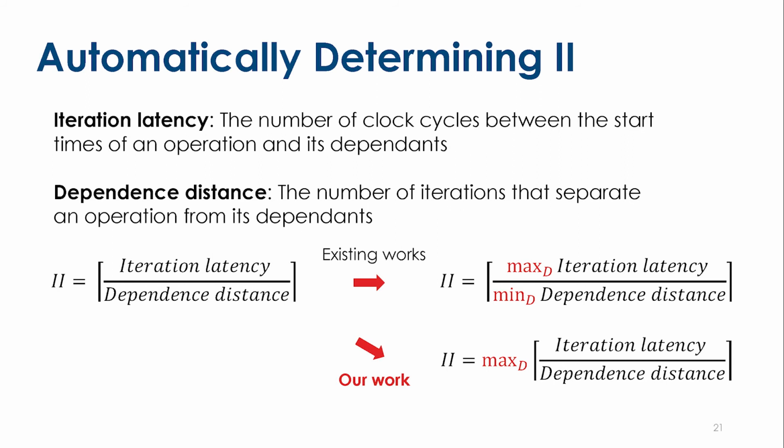That is, the minimum dependence distance may not be reachable when the iteration latency is the maximum value, which means that we could have a smaller II than the approximate II. Our work captures this and improves the hardware designs to have better performance.